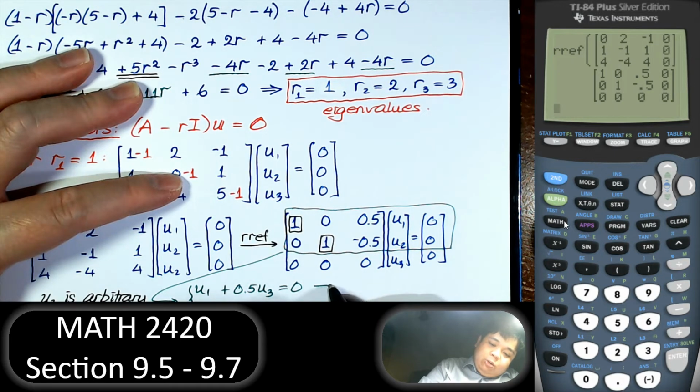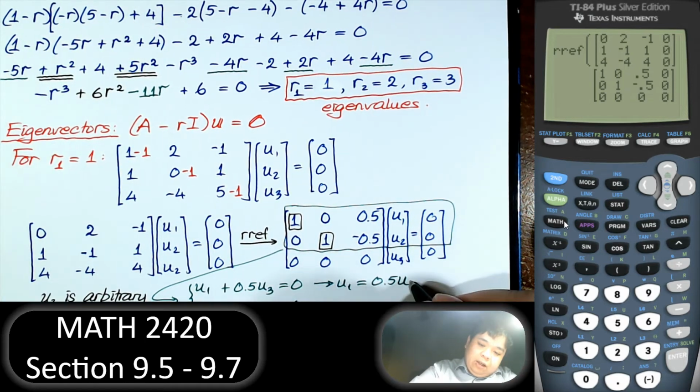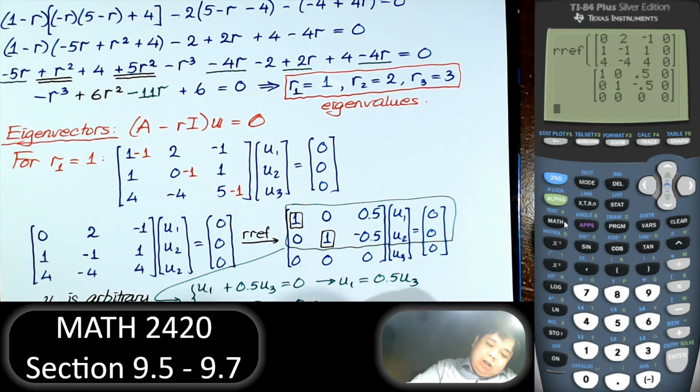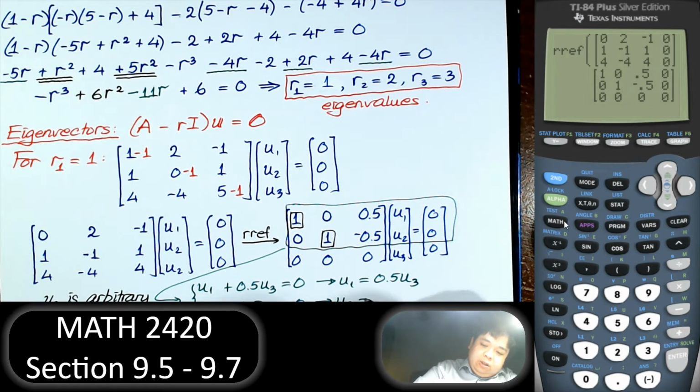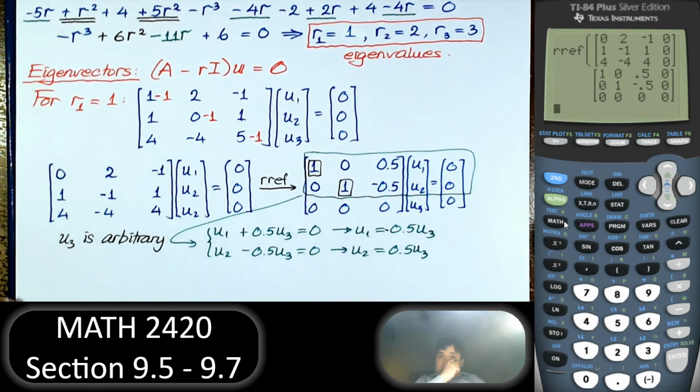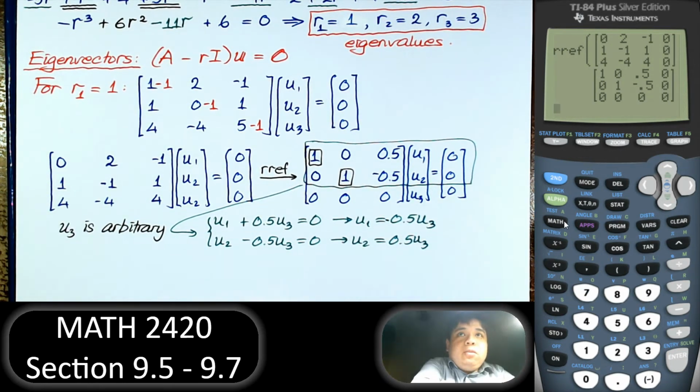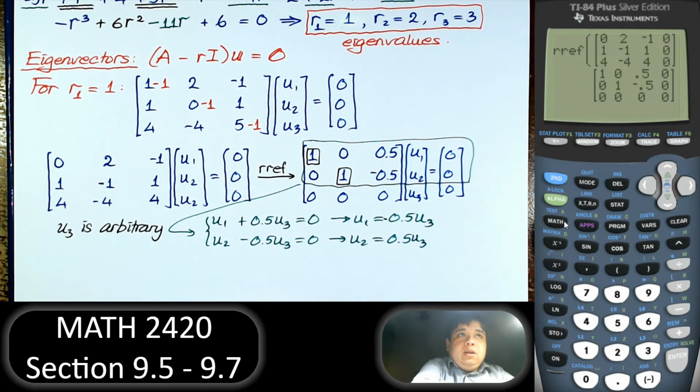Now for U1 you have negative 0.5 U3 and U2 is positive 0.5 U3, right?